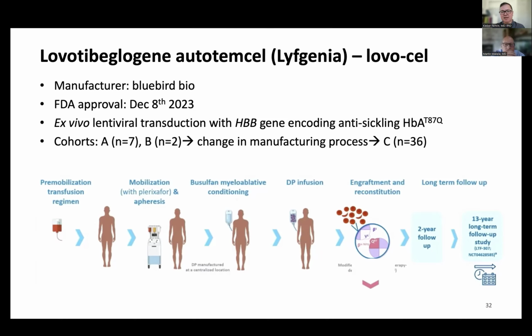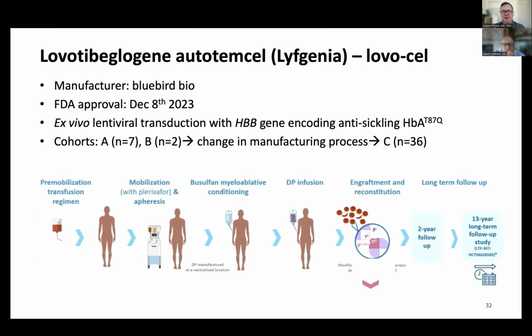So that lentivirus includes a new copy of a normal hemoglobin gene inside the stem cells. In this case, it's a copy of the HBB gene, the gene that's mutated in sickle cell, but it's a version that contains a new change in amino acids that has an anti-sickling property. So on top of being like a normal hemoglobin, it also would prevent any sickling.